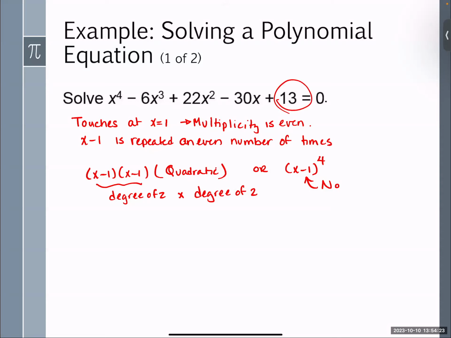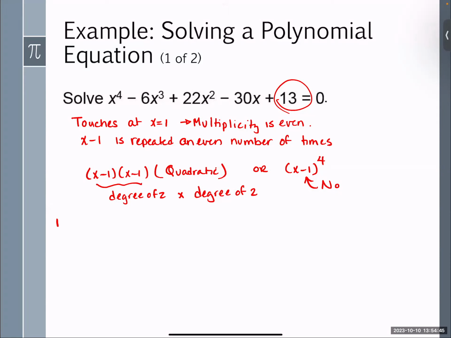Well, it's not, it's 13. So it doesn't factor to x minus 1 to the 4th. It factors to x minus 1 times x minus 1 times some quadratic factor. So we can figure out what this quadratic factor is by dividing this polynomial by x minus 1 twice.